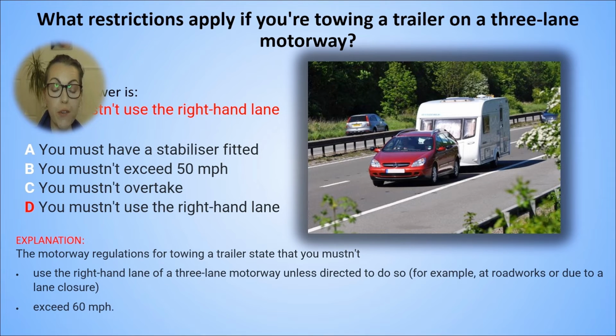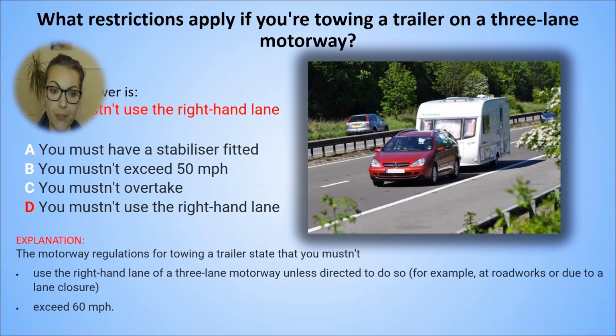The motorway regulations for towing a trailer state that you mustn't use the right-hand lane of a 3-lane motorway unless you are directed to do so. For example, at roadworks or because of a lane closure. And you also mustn't exceed 60 miles per hour.